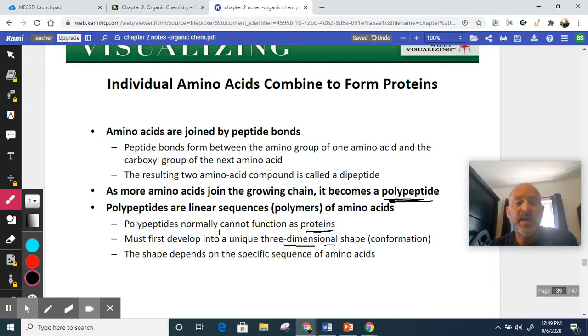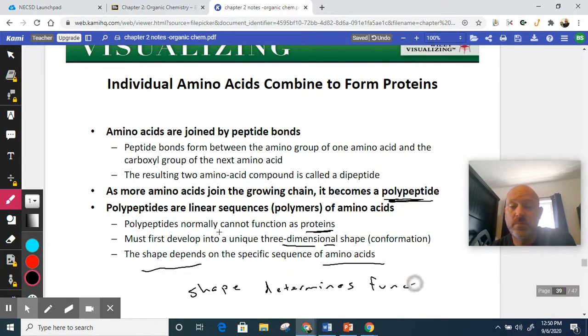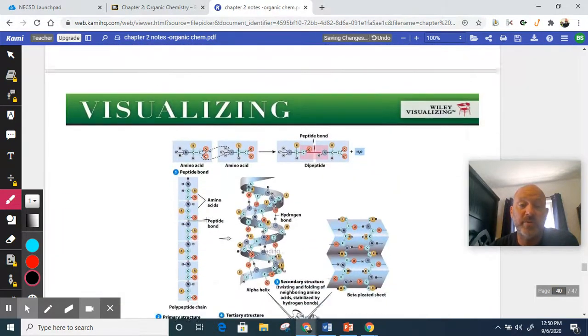All right. And the shape is very important. And the shape is determined by the types of amino acids that we use. But the shape is very important because it determines the function. The shape of the protein is determined by the function of the protein.